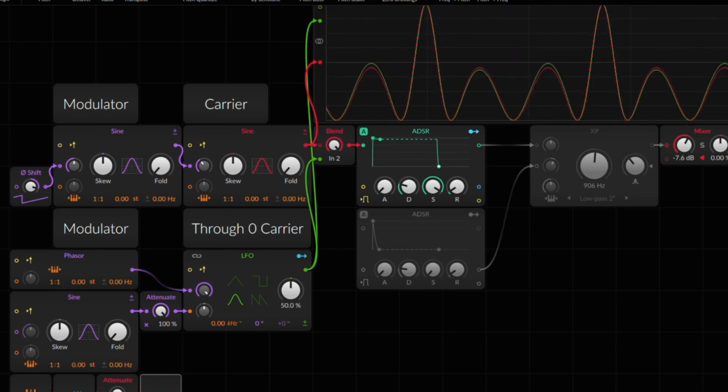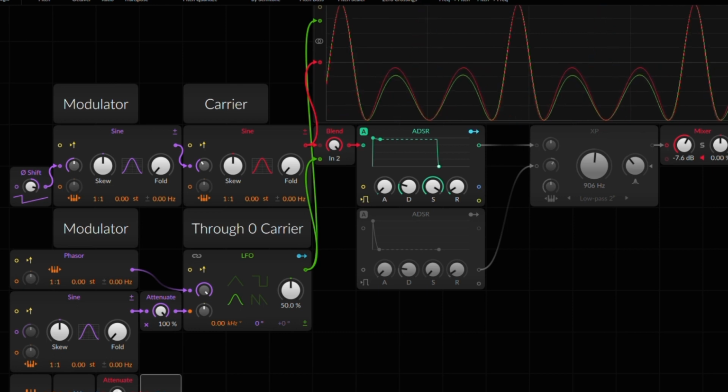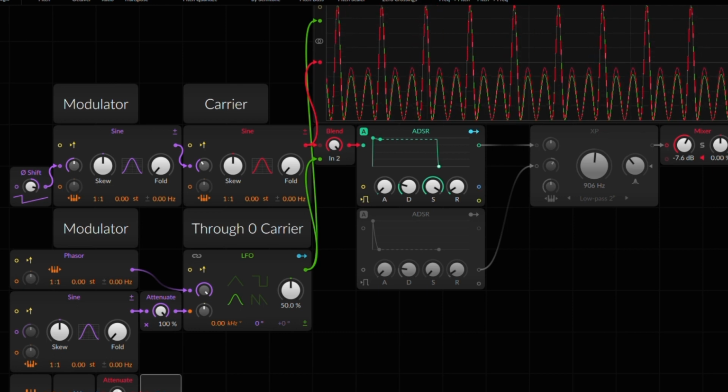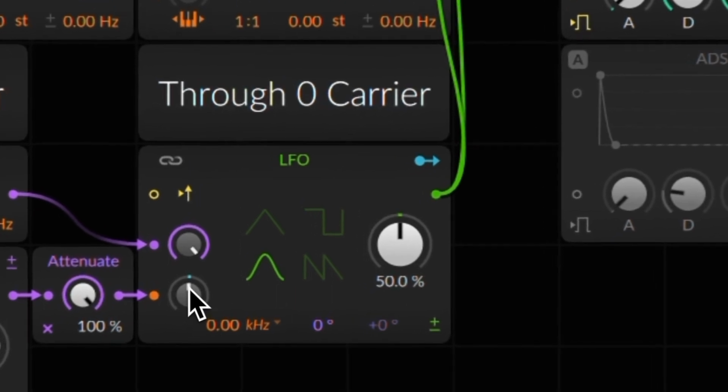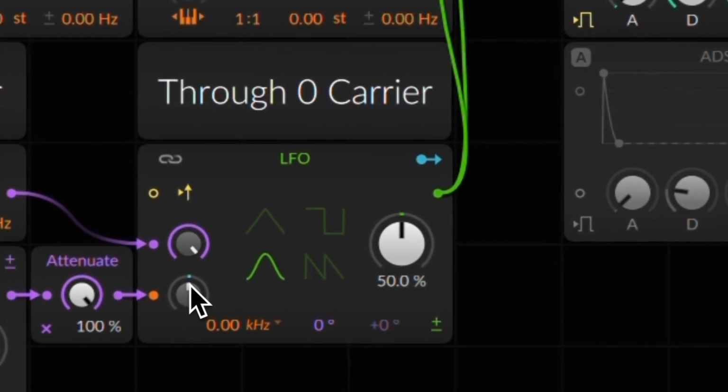Or let's make these frequencies overlap again, more or less. So now we see that they stay exactly the same, and you can also see, if you really look closely, that the modulation amount increases slightly whenever I play a higher note. And this one is a bit more, and this one is almost nothing.